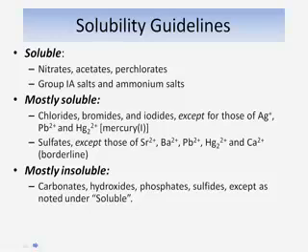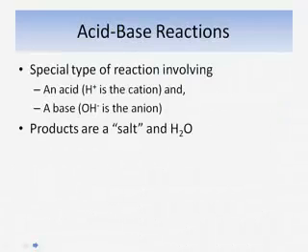All right, now acid-base reactions. Again, this is another type of double displacement reaction. However, we are combining an acid where hydrogen is the cation with a base where hydroxide is the anion. And so we always get the same types of products in this reaction.